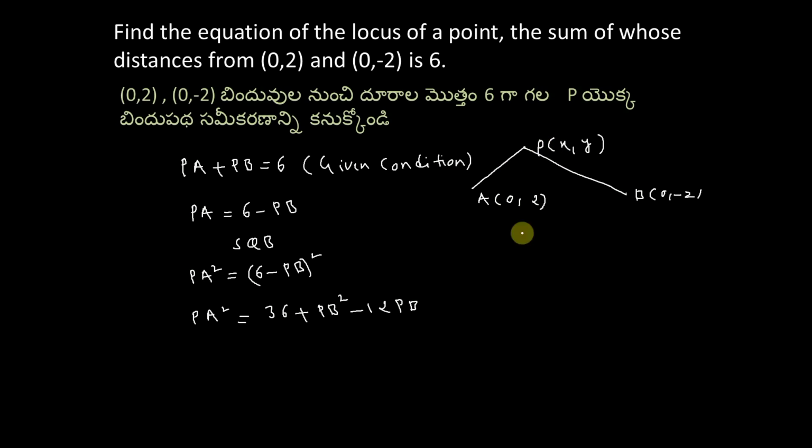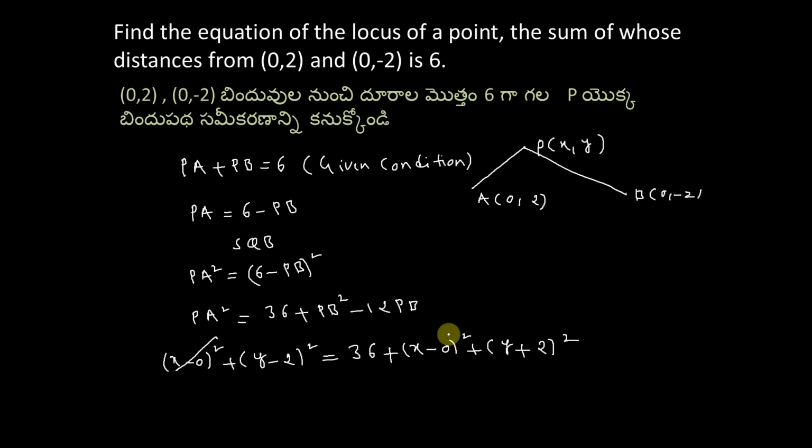Now using the data, this can be written as x minus 0 whole square plus y minus 2 whole square is equal to 36 as it is plus PB square. PB square means x minus 0 whole square plus y minus of minus, means y plus 2 whole square.